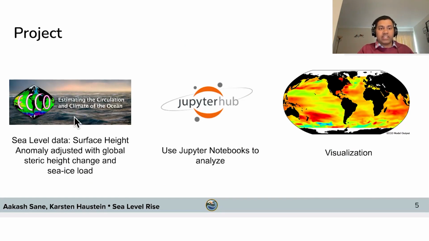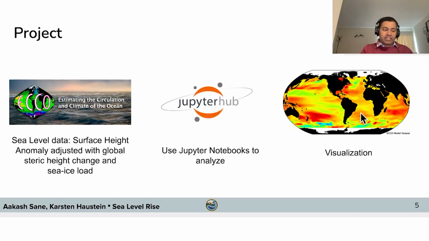ECCO stands for Estimating the Circulation and Climate of the Ocean, and it is a product created by integrating ocean model data with observations. Within the provided ECCO dataset, the variable which represents sea surface height is denoted as SSH. This variable is already processed and can be directly used for analyzing and plotting sea level.